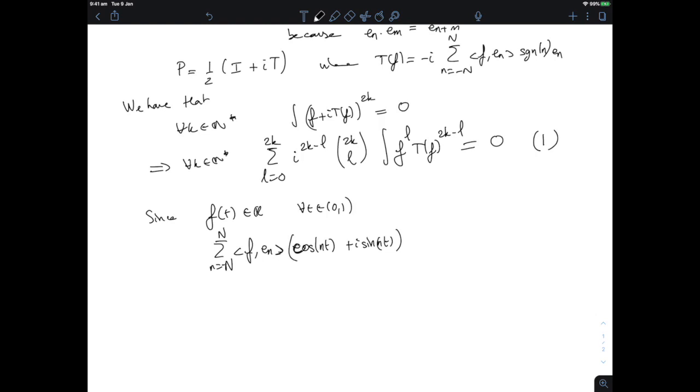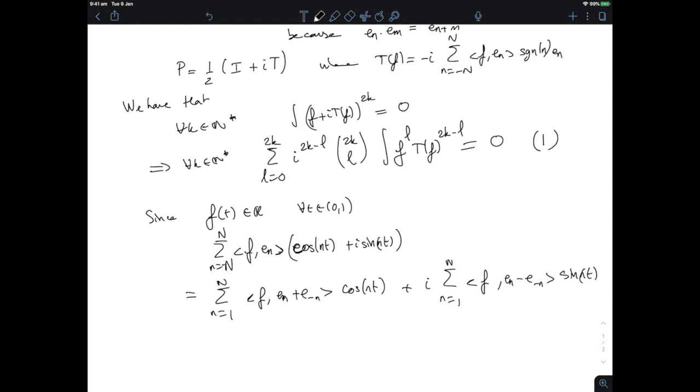And now if you reorganize those things, what do you get? You get that this is the sum n equals 1 to N of f comma e_n plus e_minus n times the cosine nt, and then plus, in the imaginary part, i times the sum n equals 1 to N of f comma e_n minus e_minus n times the sine of nt, right?